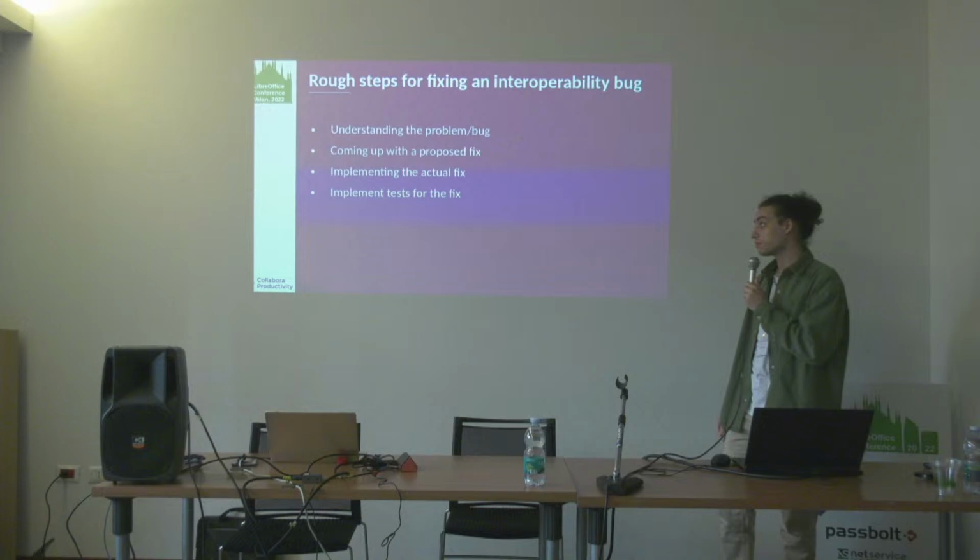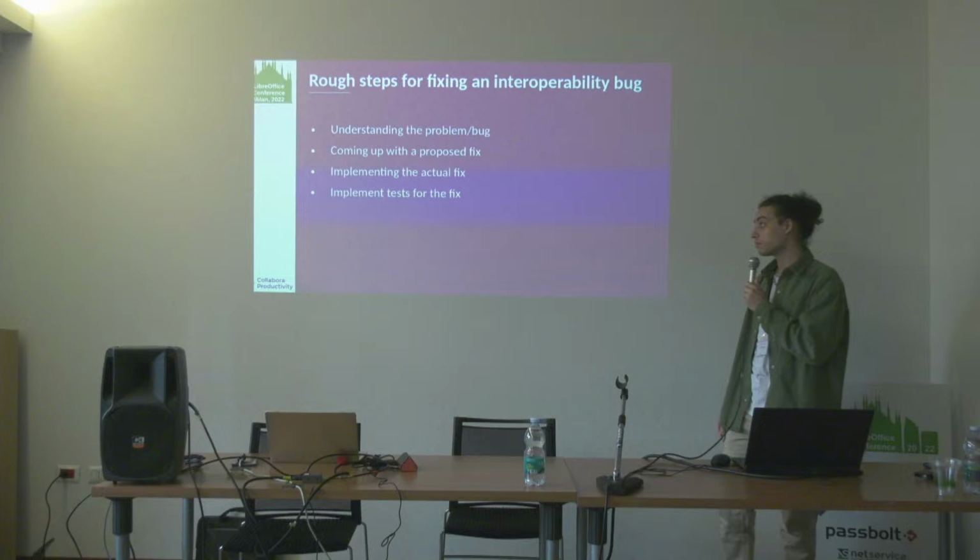These 2 steps are kind of interlinked, and we go between them. A new proposed fix, try to implement that, and if that doesn't work, of course, a new one. And lastly, when we are done, to ensure that this work keeps working, we implement tests for it, and that's quite important too.